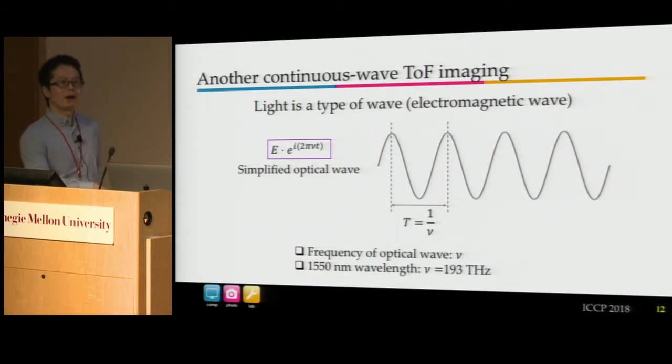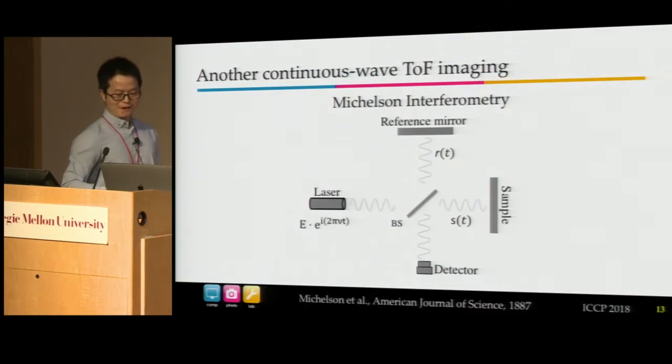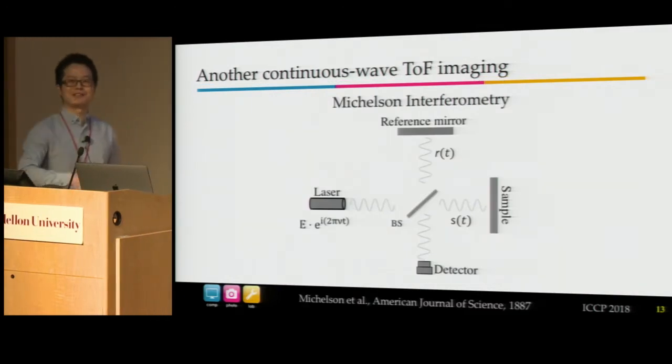Let me give you one example of how large this frequency is. If we have a 1,550 nanometer laser beam, the frequency is almost 200 terahertz. As you can see, if we can use this high frequency, we will achieve extremely high depth resolution. Of course, many people have done that.